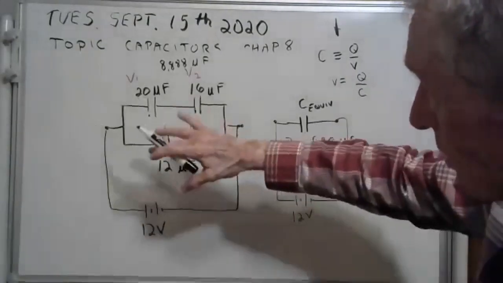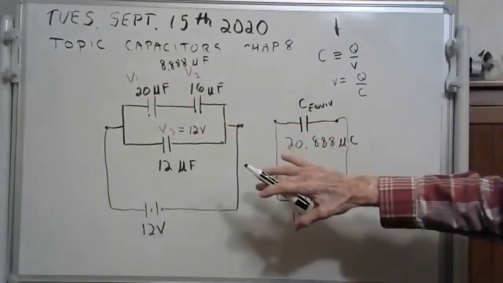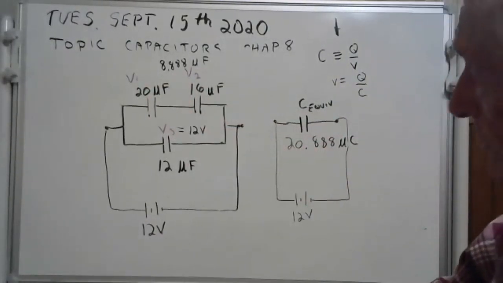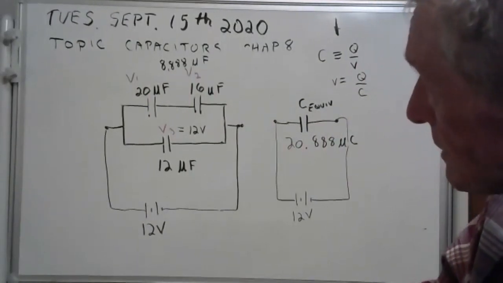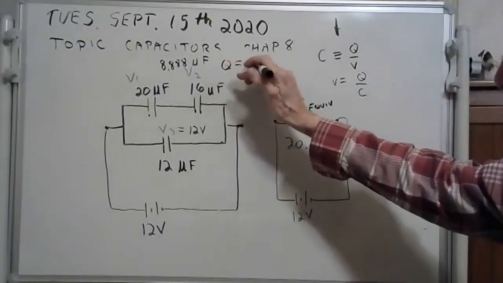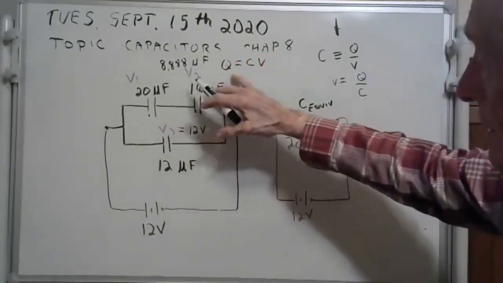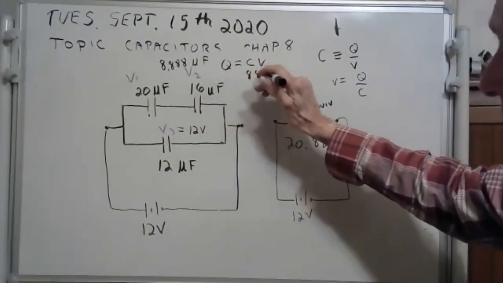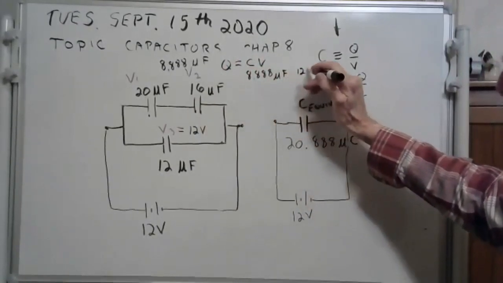The charge is equal to CV, and the C is 8.888 microfarads, and the V is 12 volts.